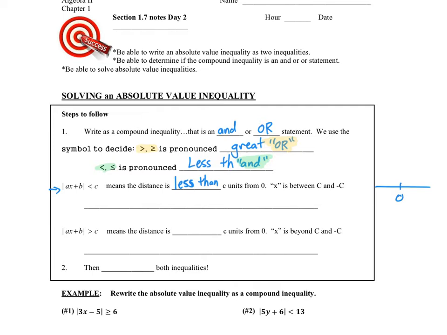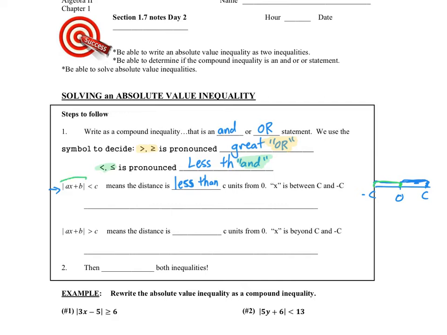But if it's less than c units from 0, that means you can go up to c units to the right, and you can go c units to the left. So that would bring you to positive c or negative c. If you go to the right, it's positive c. If you're at 0 and you go left, it will take you to negative c.